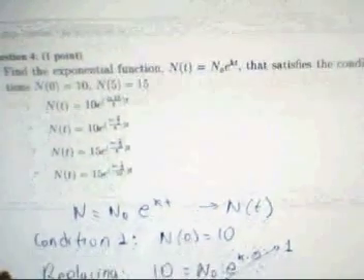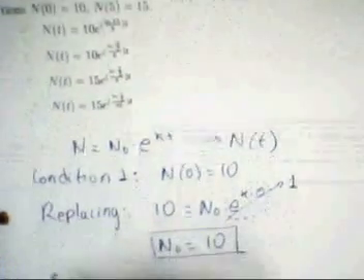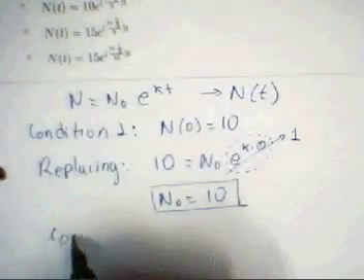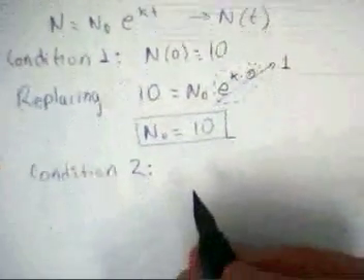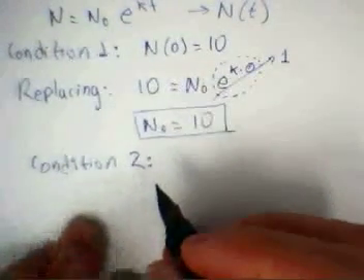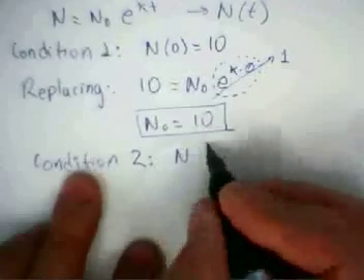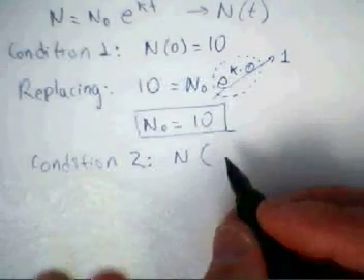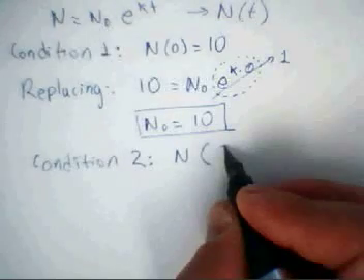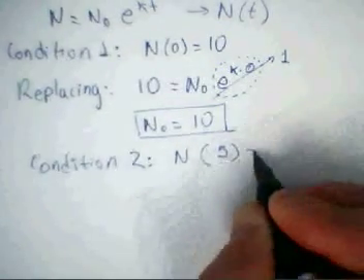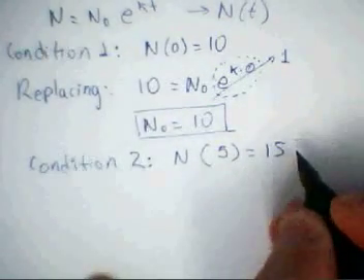We're not there yet. Now we have to use condition 2. And what is condition 2? Condition 2 tells us that N evaluated at 5 equals 15.